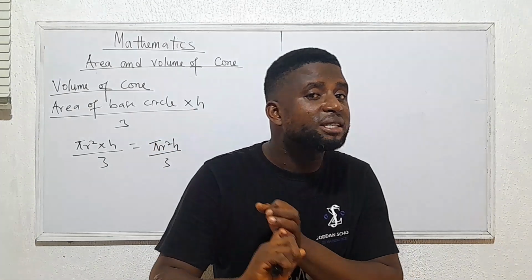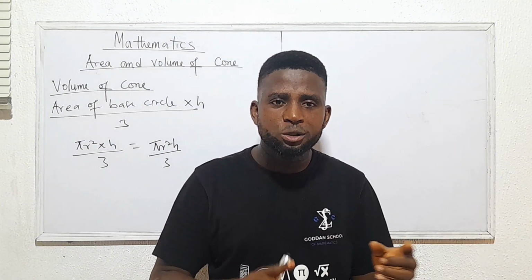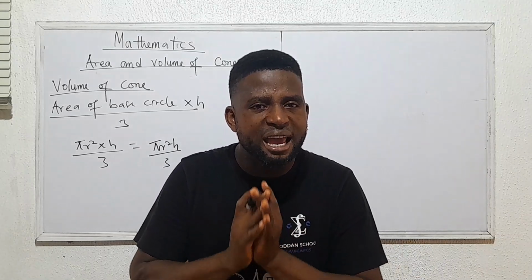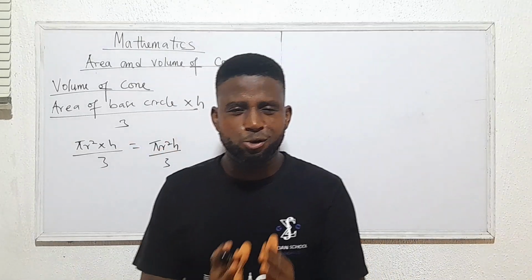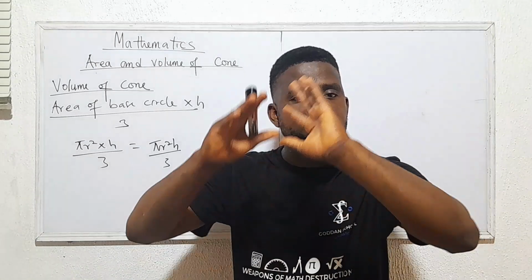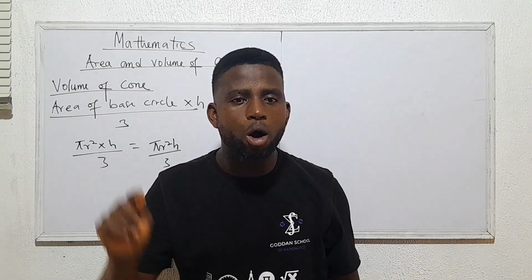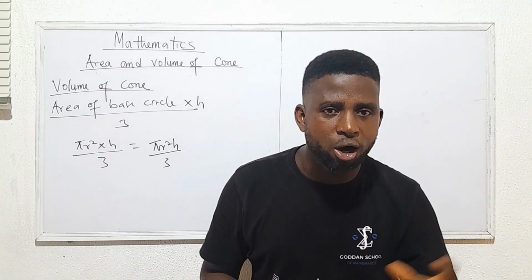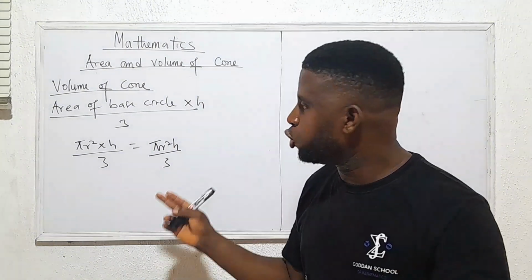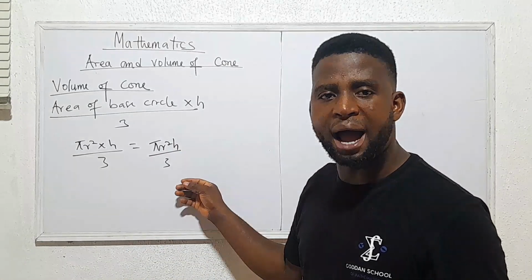The curved surface area when the radius is given and the angle is not given is pi R L. In other words, the total surface area of a cone is the sum of the area of its base circular surface and its curved surface. That gives us pi R squared plus pi R L, where R is the radius and L is the slant height. Whereas the volume of the cone is pi R squared H divided by 3.